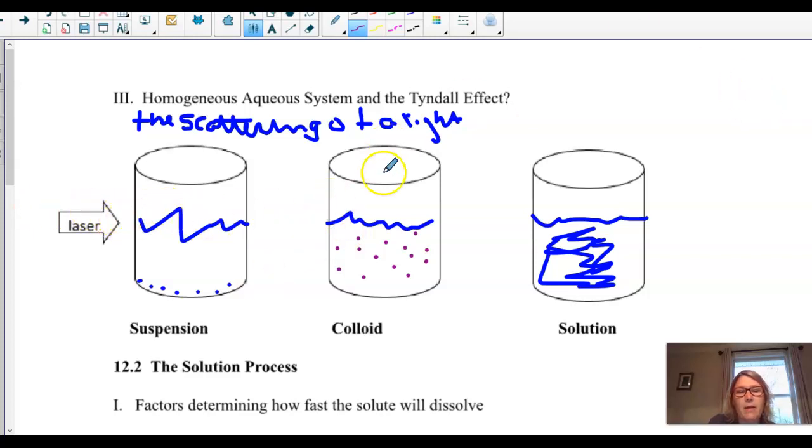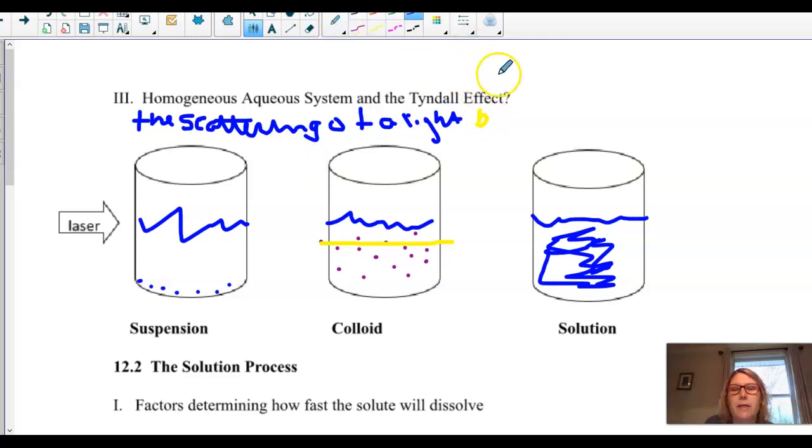So the beam of light, if this was my beam of light, it would go straight through to the other side. You'd be able to see it on like a white wall on the other side. If it was a suspension, it would never go through. It would stay within the beaker itself. You wouldn't see it come through the other side. So a Tyndall effect is a scattering of light beam.